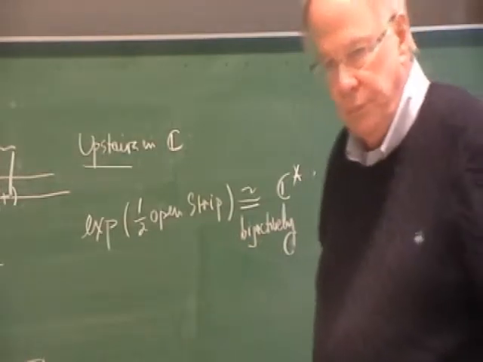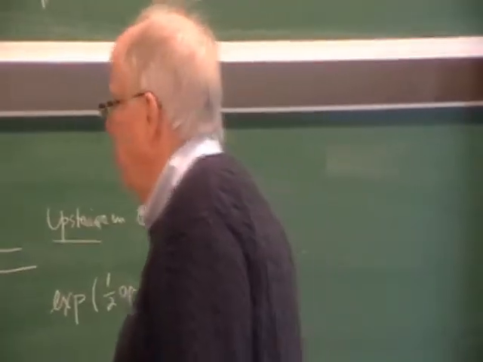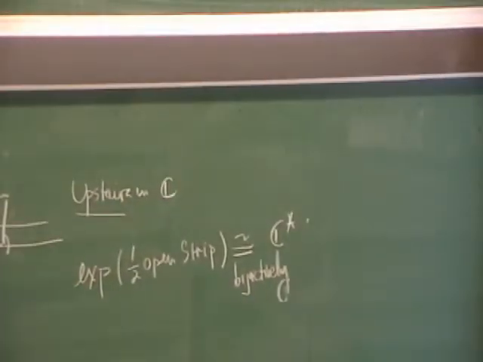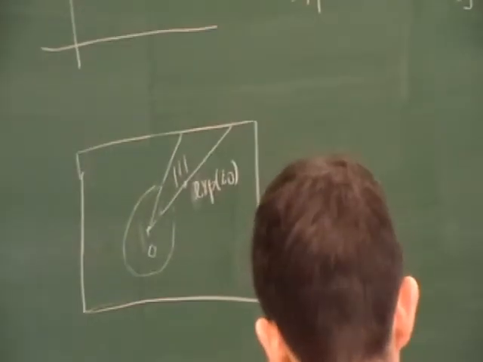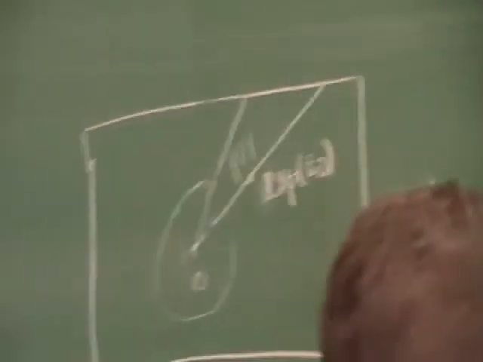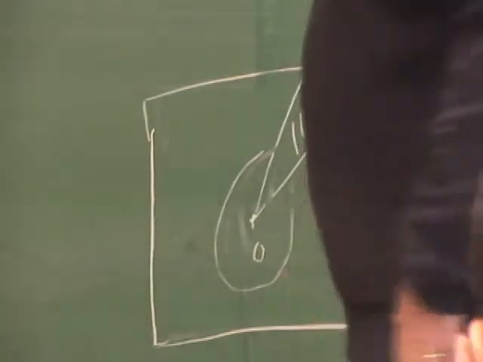Okay. And now you can pay your money. Life is capitalistic. You can take the blue half-open strip or the green half-open strip. There are all sorts of things you can take. You could even start here, and many people do that.